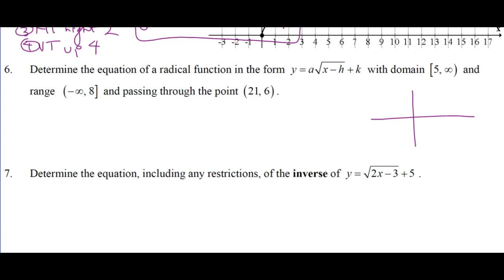I have a domain going from 5 to infinity, so somewhere along here is 5. And I have a range going from negative infinity up to 8. So where's the vertex? 5 and 8.